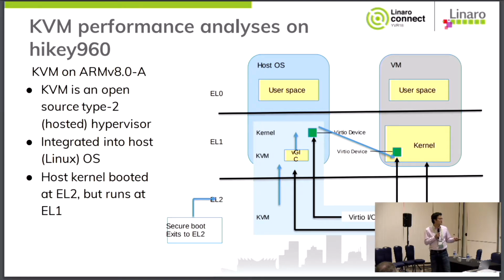To bring up KVM, we need to load the kernel from UEFI. So you boot at EL2 to initialize the hypervisor, the lowvisor at EL2. Then we start the host kernel and a KVM module at EL1.